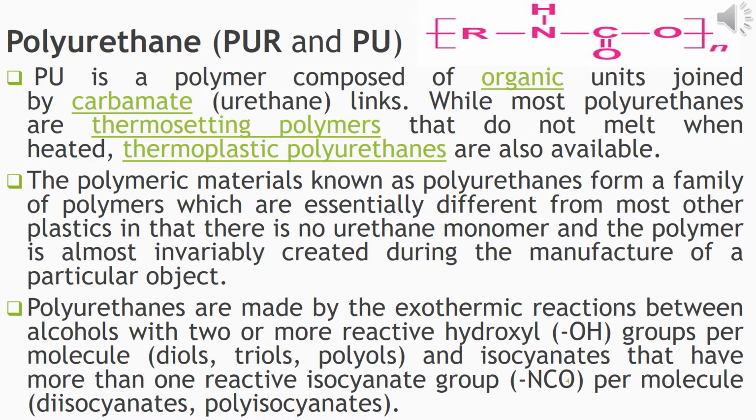And how is that achieved? By cross-linking, by curing. They cannot be remolded. They are hard and infusible. Once they are heated, they are hard and they cannot be molded again. They have a cross-linked structure.